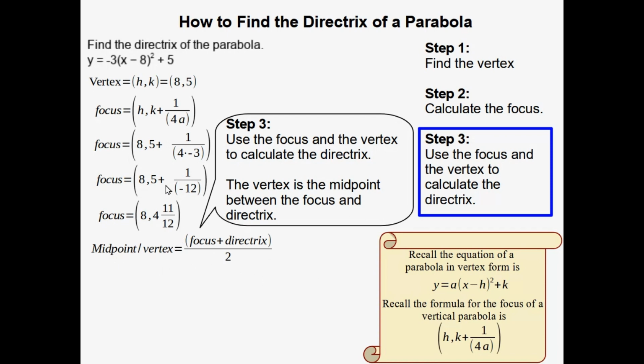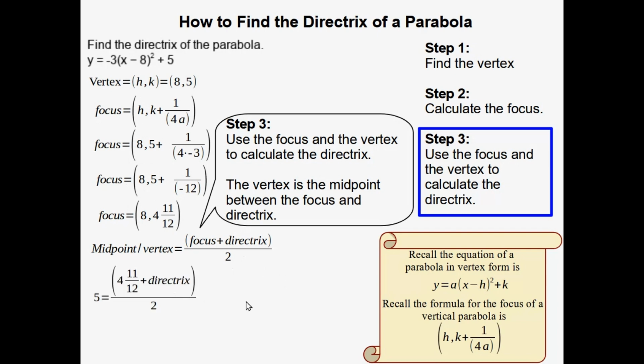And in this case, since our parabola is going up and down, it says y equals, we only actually care about the y value when we're calculating this, because the x value will always be the same, right? So our vertex and our focus are both the same.